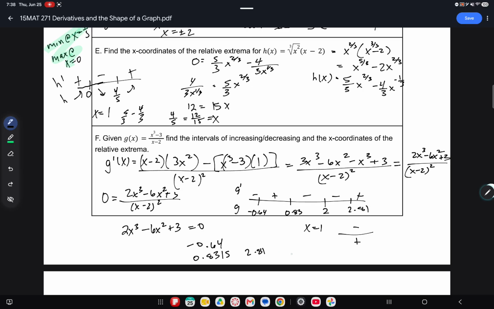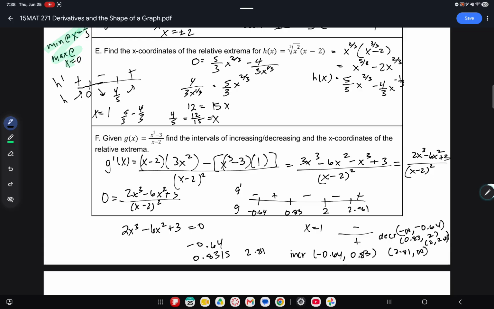Okay, so we're increasing from negative 0.64 to 0.83 and 2.81 to infinity. And then we are decreasing from negative infinity to negative 0.64, from 0.83 to 2, and 2 to 2.81.